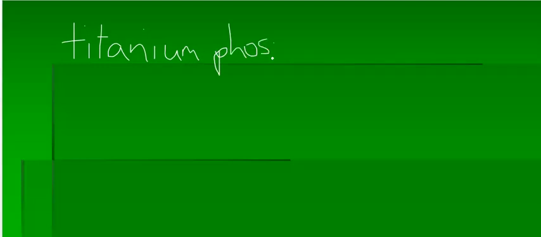Let me go through a couple more examples of binary salts. If I give you the name titanium phosphide and ask for the formula, it's a binary salt. It's got a metal, titanium, and a nonmetal, phosphorus.